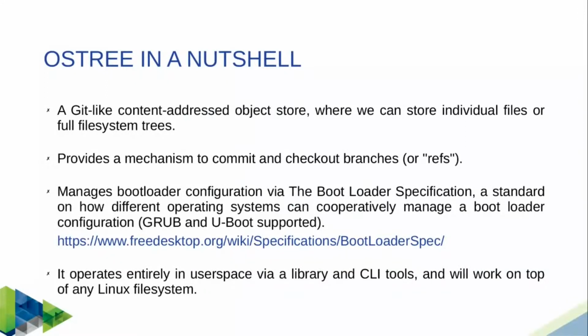You can commit to the repo, you can check out from the repo, you have the concept of branches, which in OSTree are usually called refs or references, but it's basically the same thing. So a ref or a branch points to a commit that will point to an object in the OSTree repo called a gtree that will point to other gtrees and files in the repo.